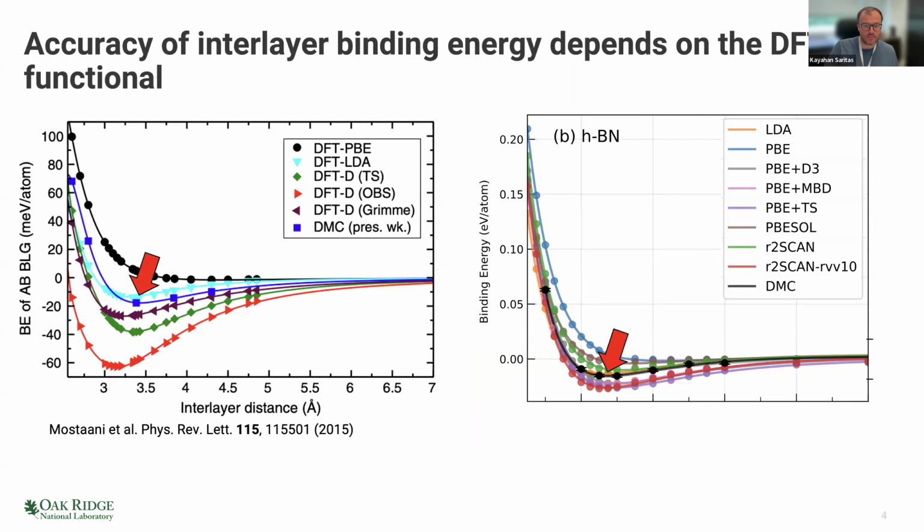So what I'm showing here on the left is the binding energy curve of bilayer graphene. This is a work that was published almost 10 years ago. I think a lot of the time people are curious about the costs of such calculations, in terms of whether they are achievable or not.